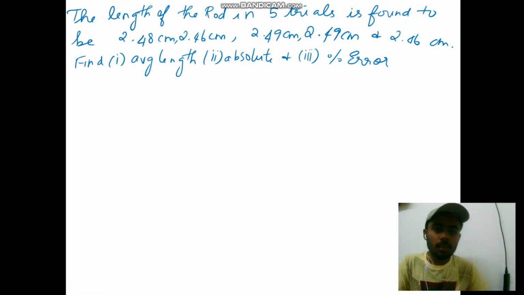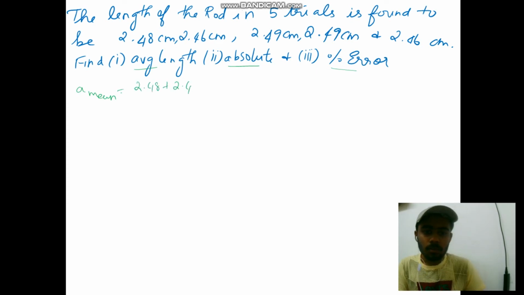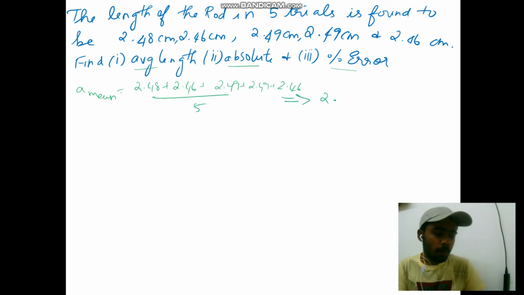The length of a rod is given in 5 trials, and they are asking to find the average length, absolute error and percentage error. First we find the average length, A mean, which is the sum of all values: 2.48 plus 2.46 plus 2.49 plus 2.49 plus 2.46, divided by 5, which comes out to be 2.48 meter, the arithmetic mean.